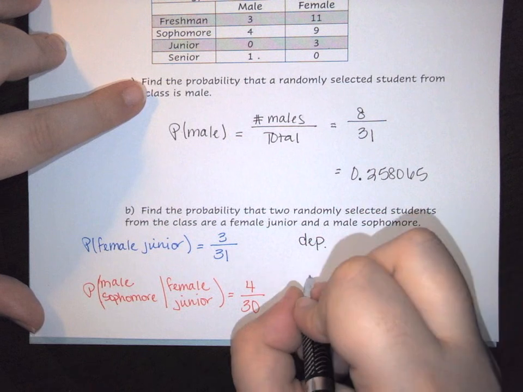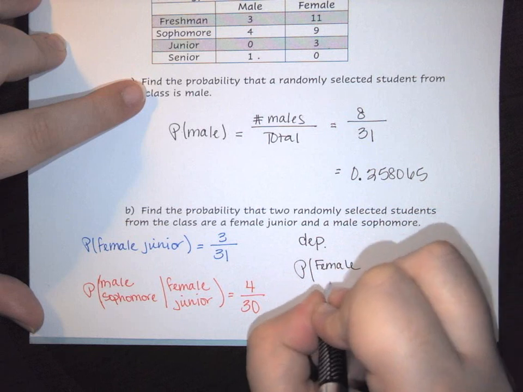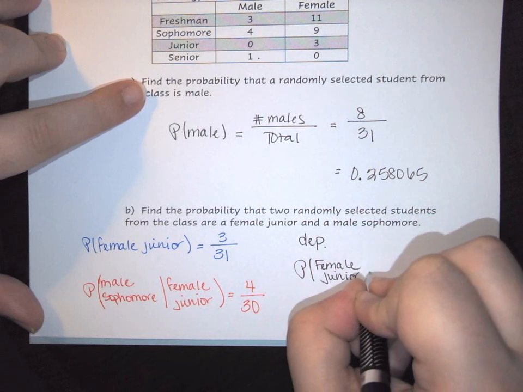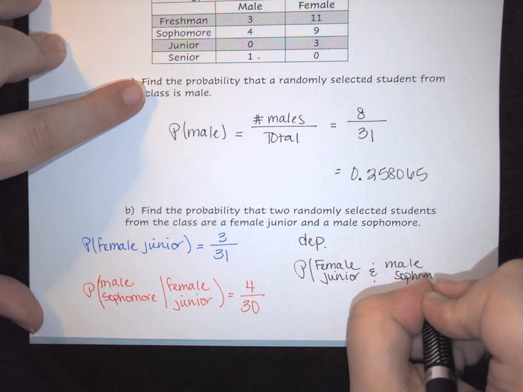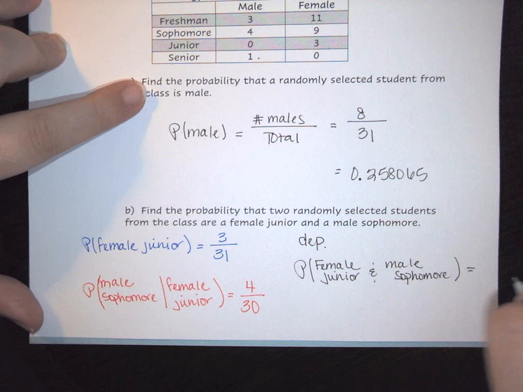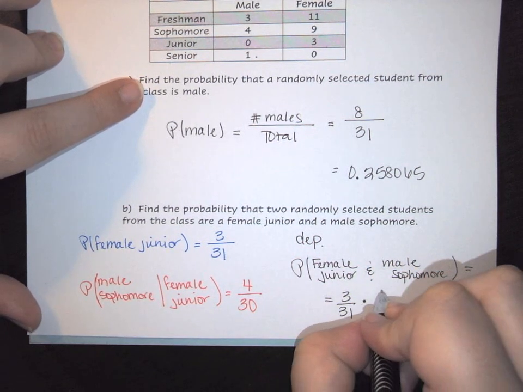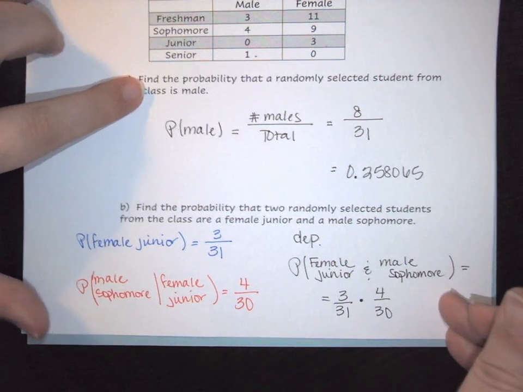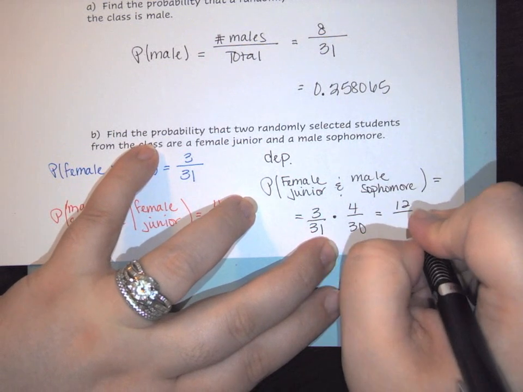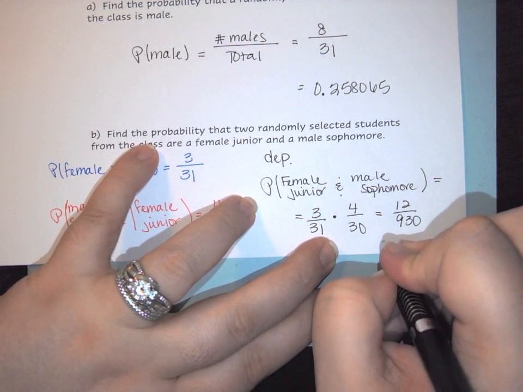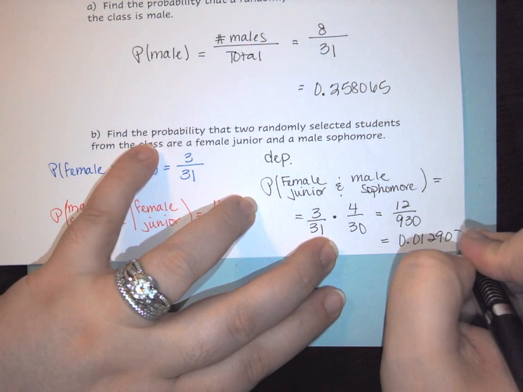Therefore, we are going to take that the probability of getting my female junior and a male sophomore is going to be 3 over 31 times 4 over 30. So this is going to give us 12 over 930, which is a probability of 0.012903.